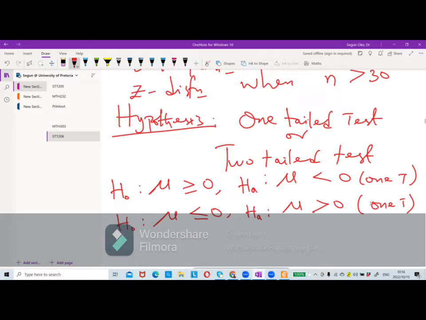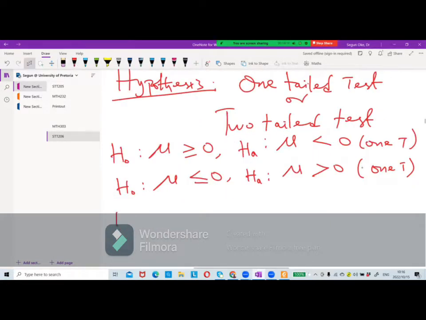But the last scenario that we normally have: H naught, mu equals 0, and the alternative says mu is not equal to 0.